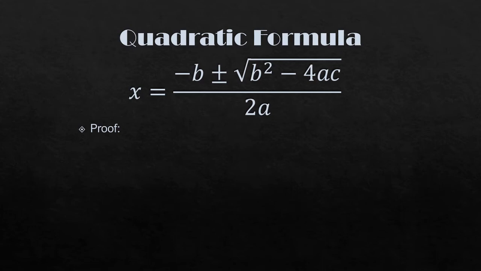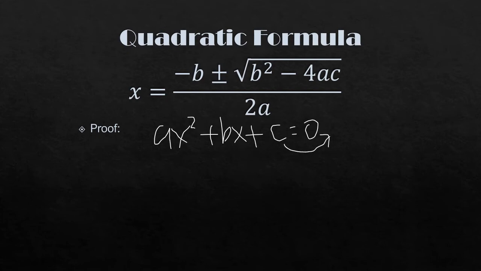So let us prove the equation. We know that the general formula of a quadratic equation is ax squared plus bx plus c equals 0. Now, by using the completing the square method, we move the constant to the right-hand side of the equation. So ax squared plus bx equals negative c.